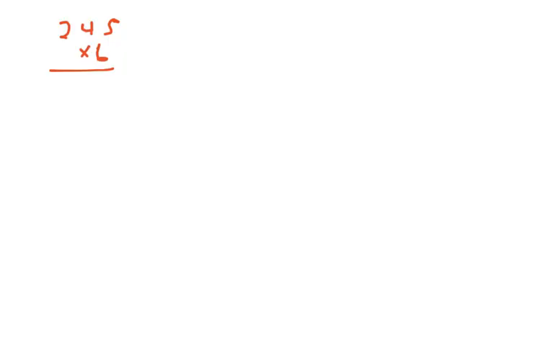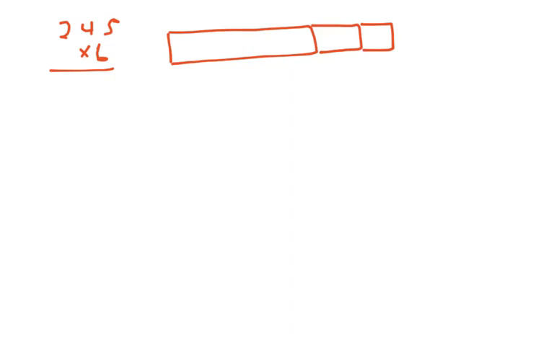Okay, well, let's look at a problem with hundreds in it. 245 multiplied by 6. Well, the first method we tried to use before was the rectangle, the area of the rectangle. So if we wanted to do the area of the rectangle model, we have to add something now. We have to have a hundreds, then a tens, and then a ones, okay?